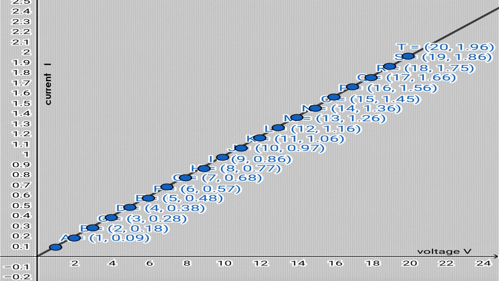After zooming out this graph paper, we can see all the coordinate locations on the graph paper, and it makes a straight line.